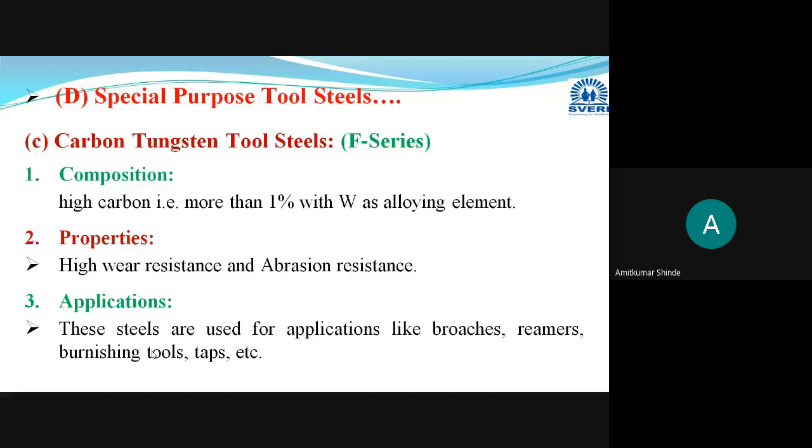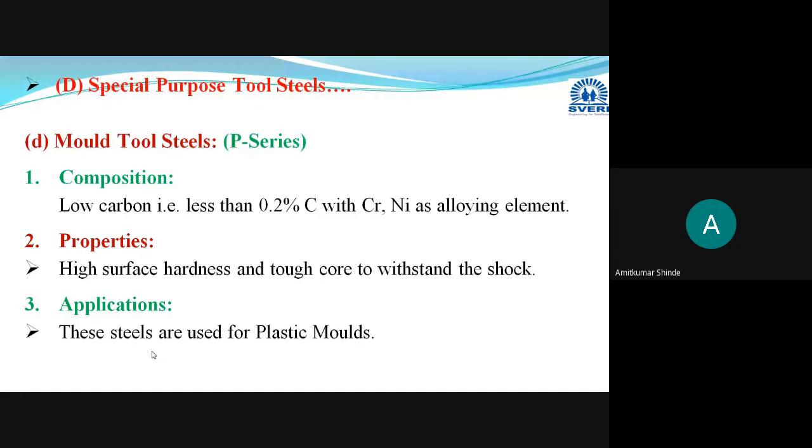And after this, the last type of special purpose tool steel is the mold tool steels, designated by the P series. These contain a little lesser carbon, that is, the carbon percentage will be less than 0.2.